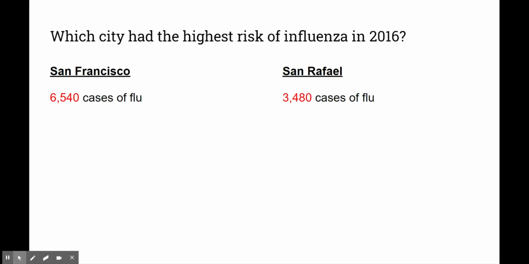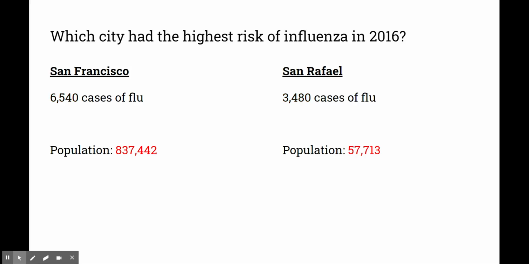Let's say we wanted to measure the influenza season in 2016. So we compare the number of cases that were counted in San Francisco and the number of cases that were counted in San Rafael. And if you look at just the number of cases, you would say, well, San Francisco got hit way harder. There's a lot more cases there. What this fails to take into account is the population of each of those places is very, very different.